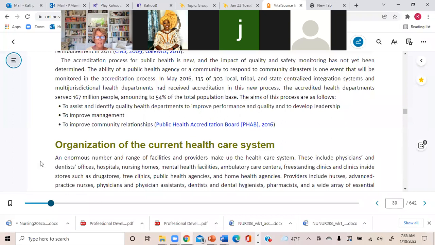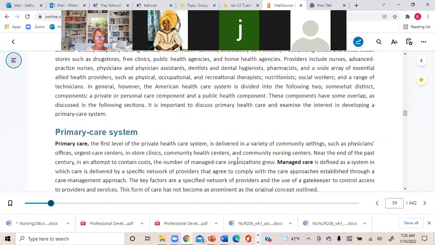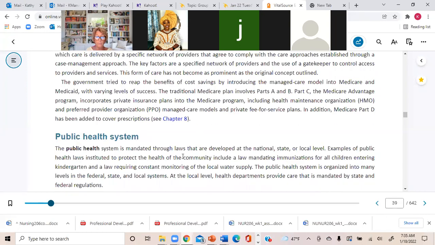And then read through this section, the organization of current healthcare system. What do we have? We have a primary care system. Remember primary care? That was a question last week in one of our attestation questions. So here it is right here.